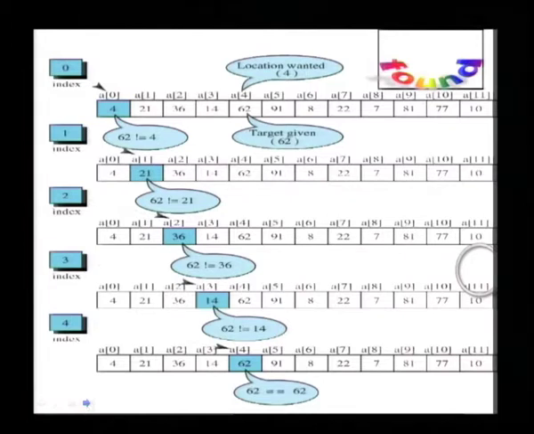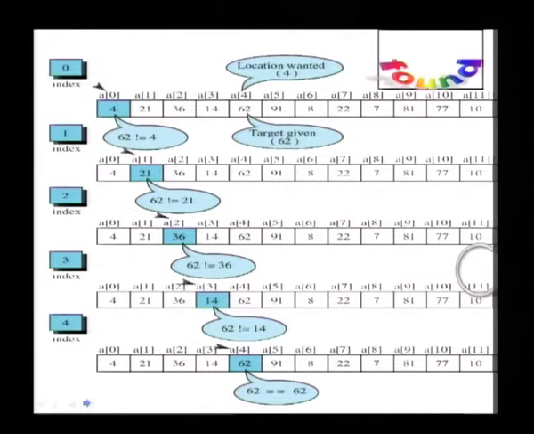So, now let us explore the procedure for the search of the given key 62, which we know from this visual is at location 4, or it is in the array index with the number 4, and it is important to note that the indices of the arrays are from index 0 all the way up to index 11. That is, there are 12 elements in this array, and we want to search for a given key which is 62.